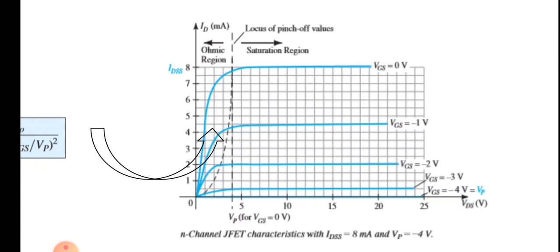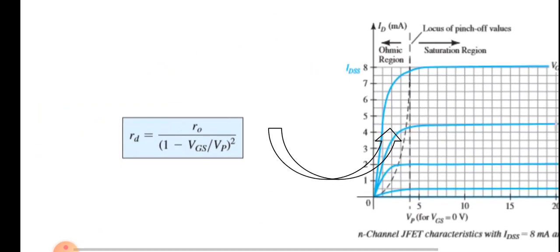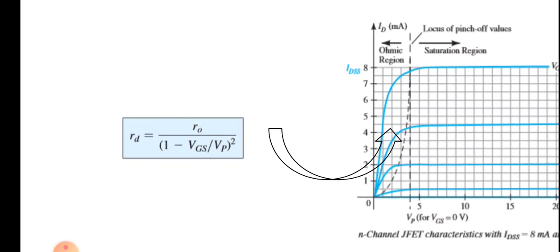So if we exclude the cutoff region, two important regions remain. One is the ohmic region, and another is the saturation region, which are used for different applications. One of the applications which I have written here is that we can use the FET as a variable resistor.